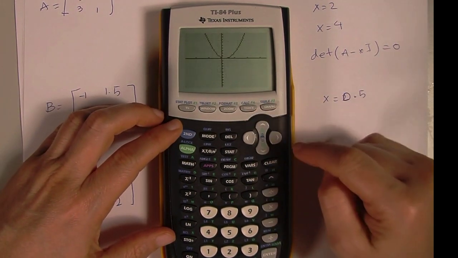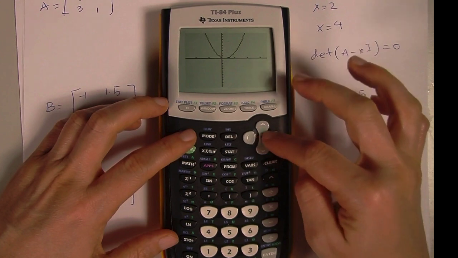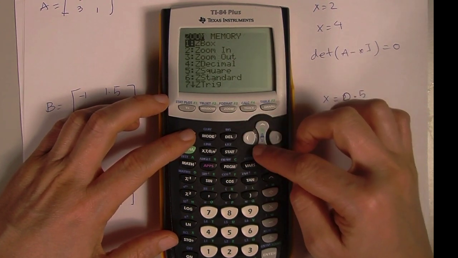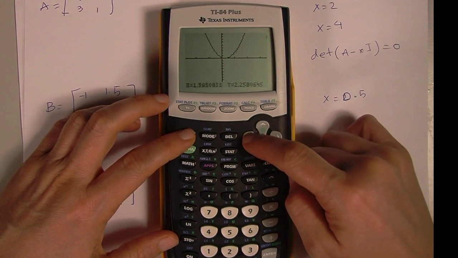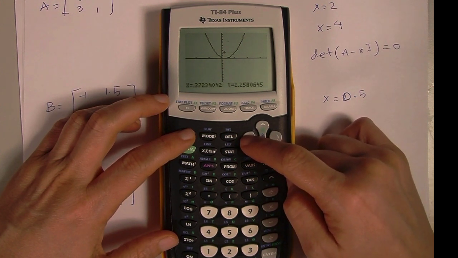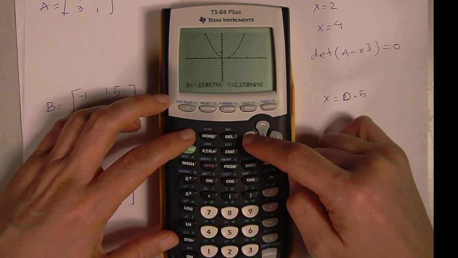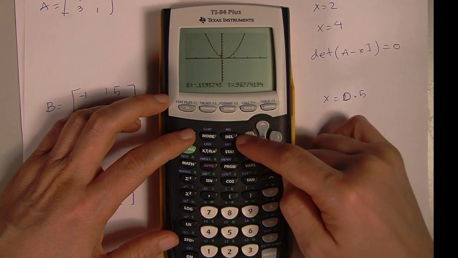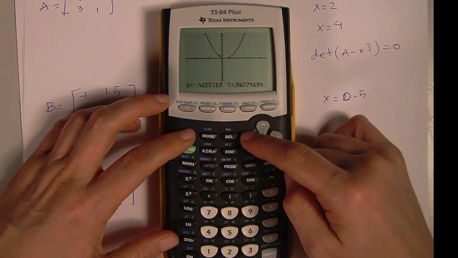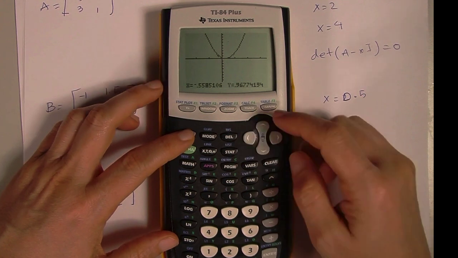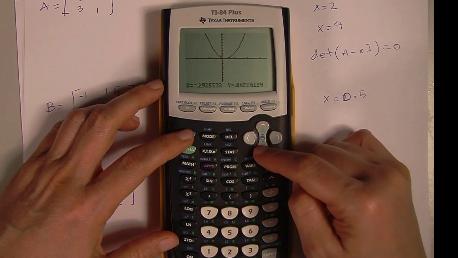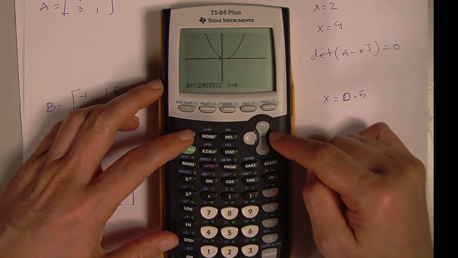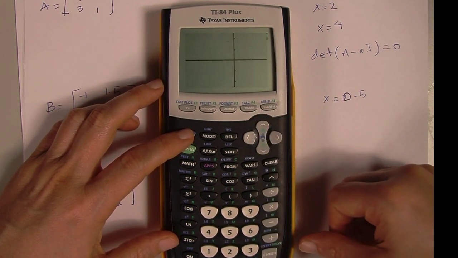Check again. Make sure you kind of want to zoom in sometimes. Make sure that this is the case. So I'm as close as I can get. And then I zoom in.